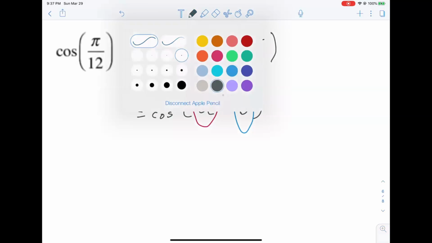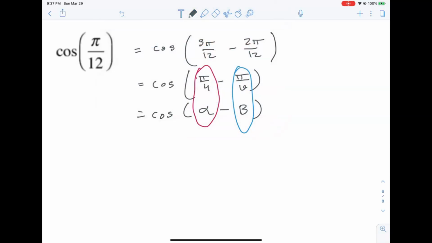Now to figure out what to do, we better write down the identity for that. You go back and look in your notes. You'll see that that's the cosine of alpha times the cosine of beta plus the sine of alpha sine of beta. This is what the cosine of alpha minus beta is. All right, so what's going to happen here?